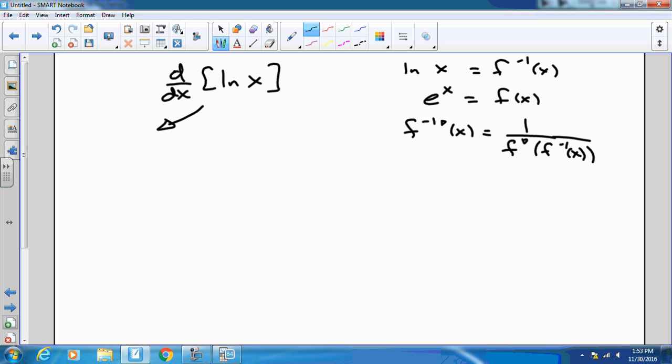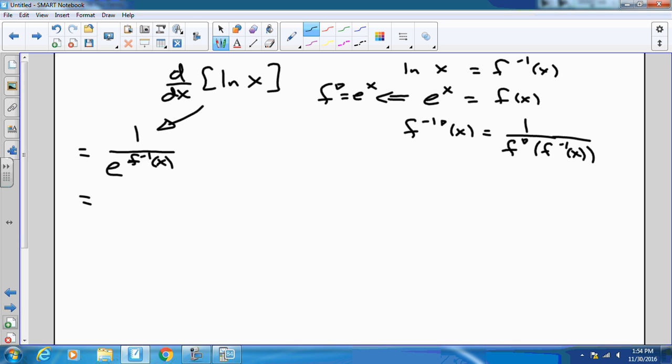So using the inverse function theorem here, this would be 1 over f prime of f inverse.